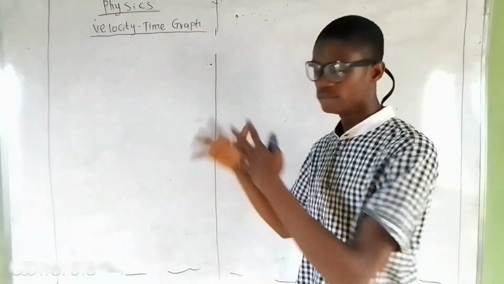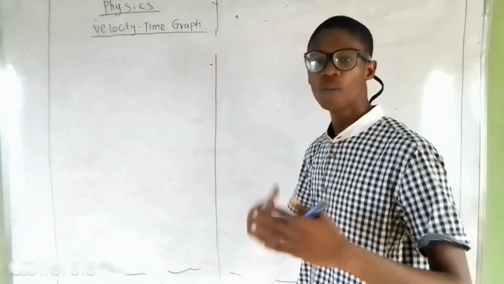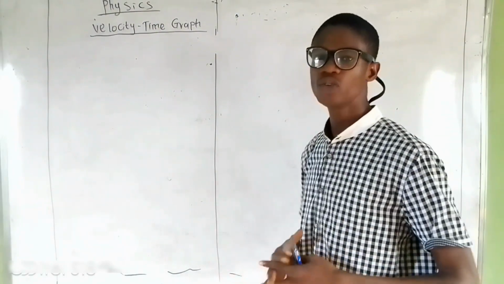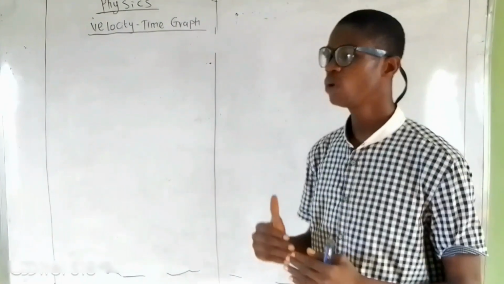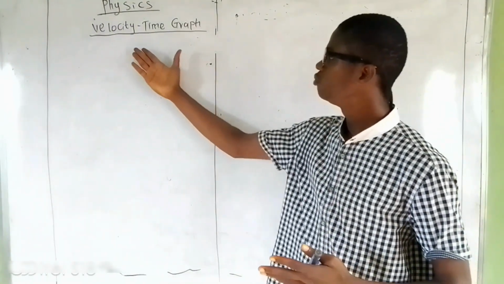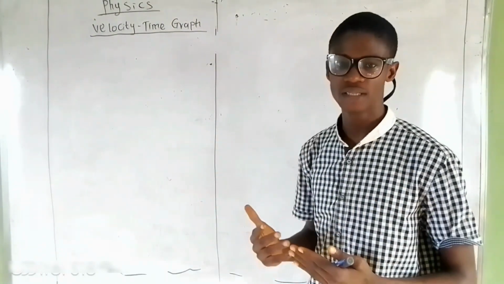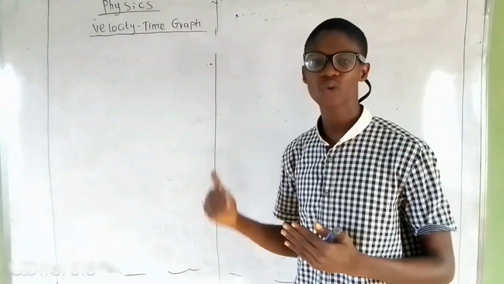Now let's see how we can easily solve this problem of velocity time graph. I will be doing a brief introduction first. The velocity time graph is the graph that is used to explain the activities that go on in a rectilinear acceleration or deceleration.